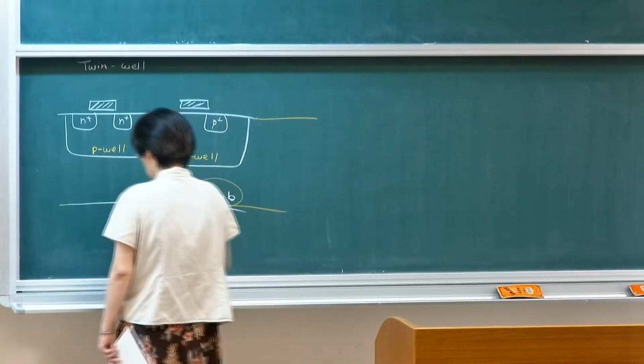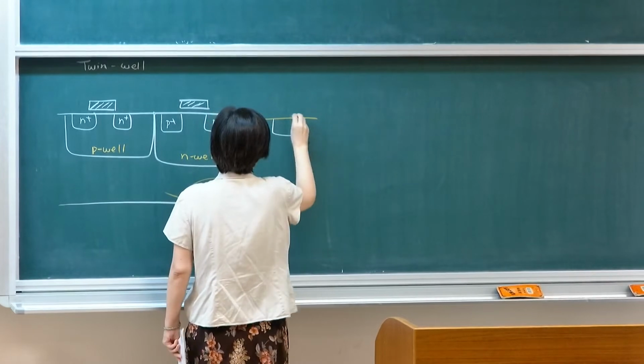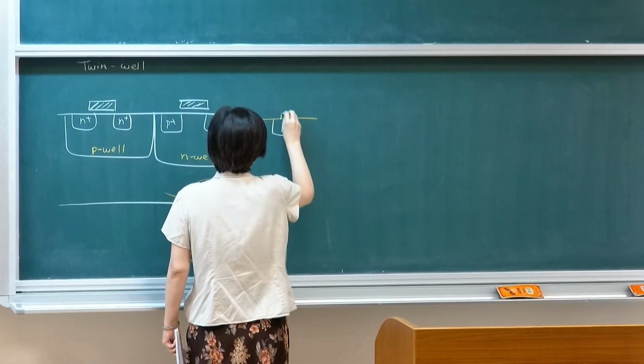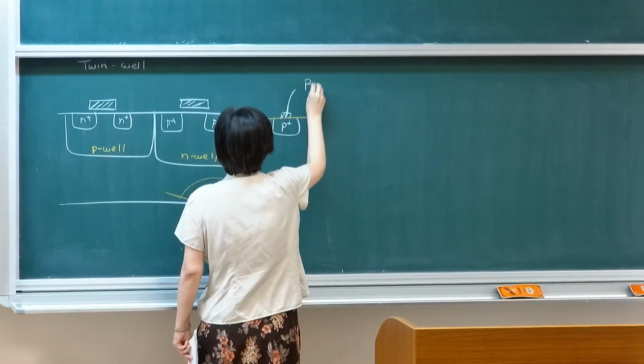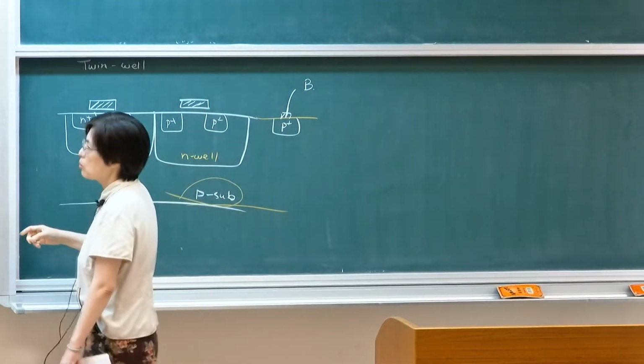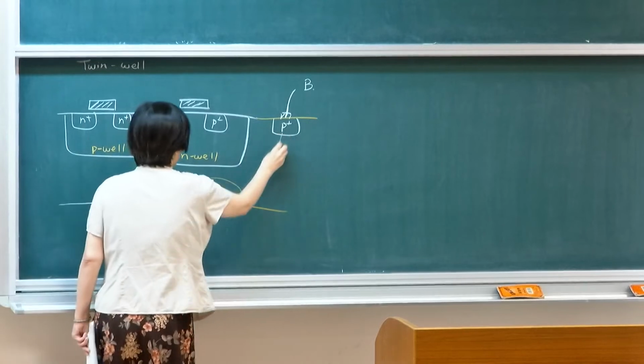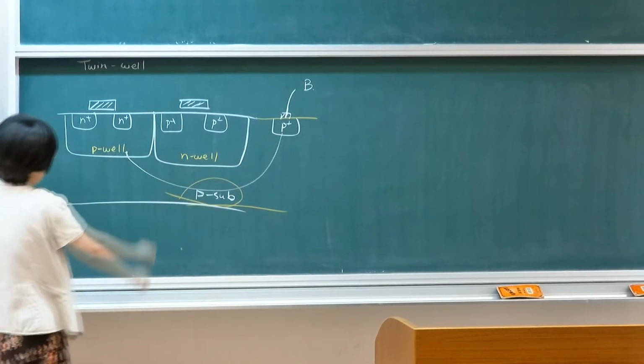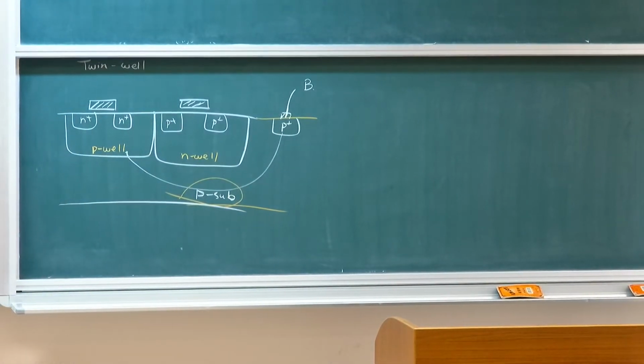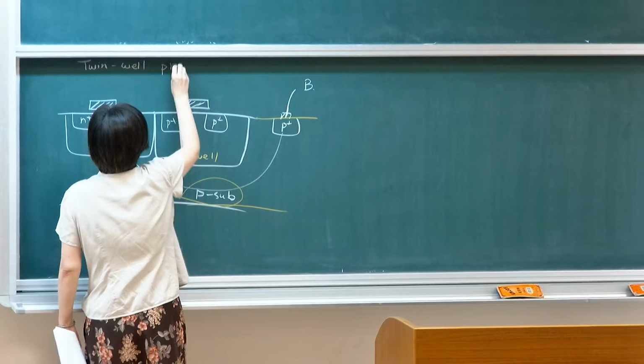So all of them are connected together, and that's your ground. That's your body. Body is connected through here to here. You can actually do an implant within a well, but it's still the same. This is called the twin well process.